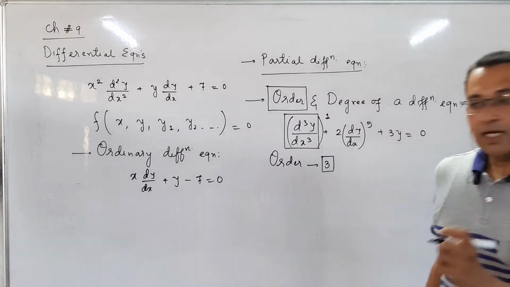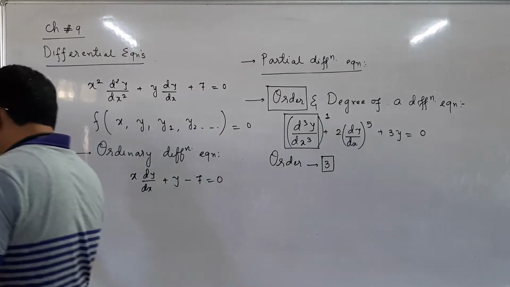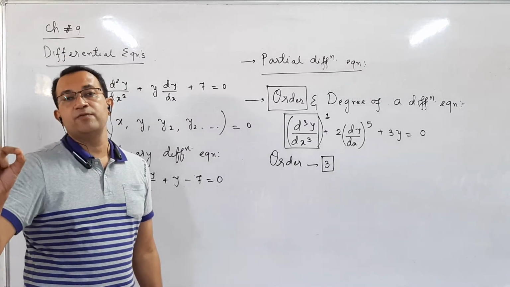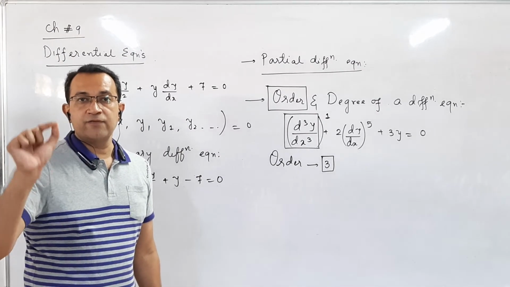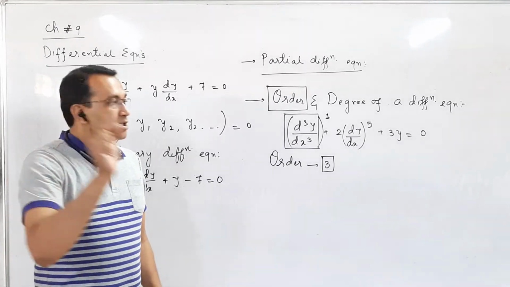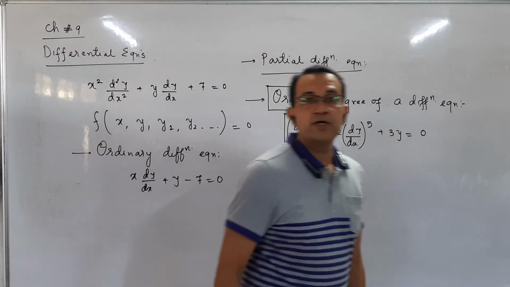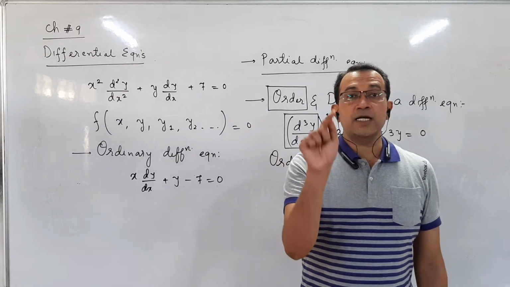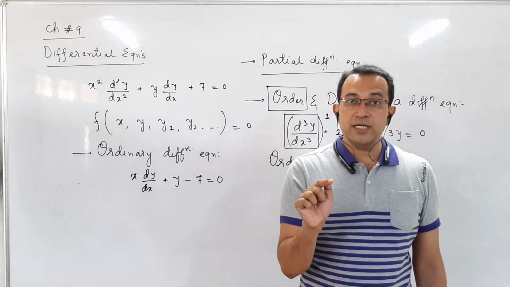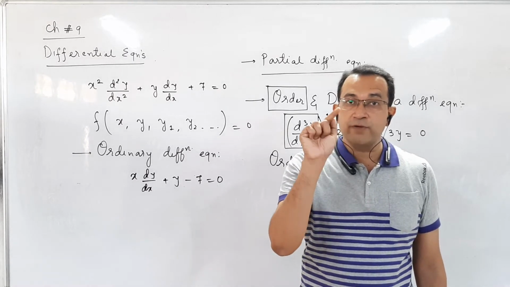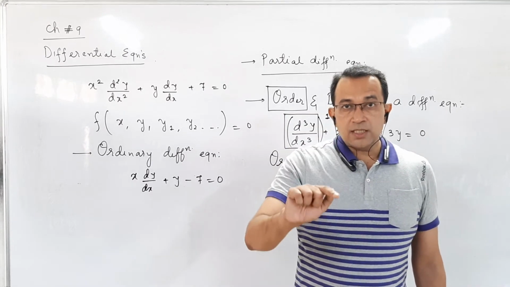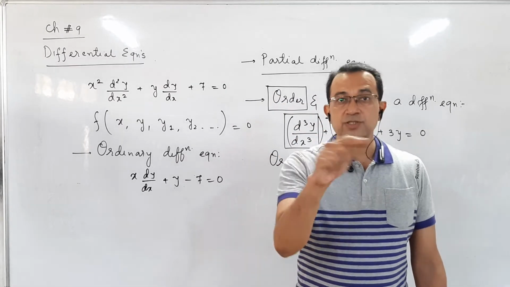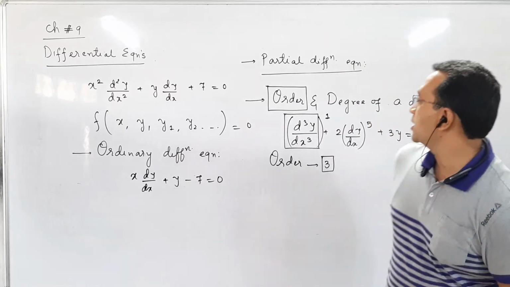But I repeat, after writing the differential equation in a polynomial form of derivatives, whenever I refer to the word polynomial, the power of derivatives can never be a fraction. After writing a differential equation in a polynomial form of derivatives, the power of the highest order derivative term is called the degree of the differential equation.